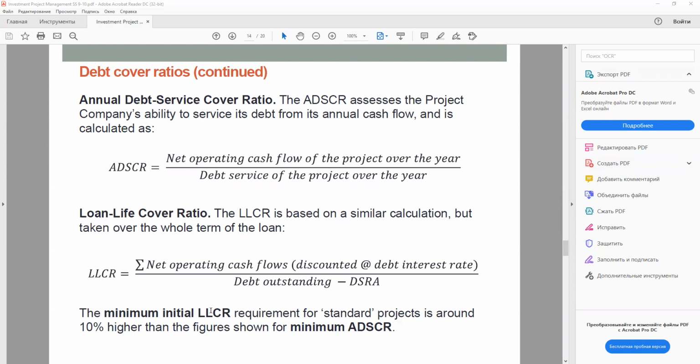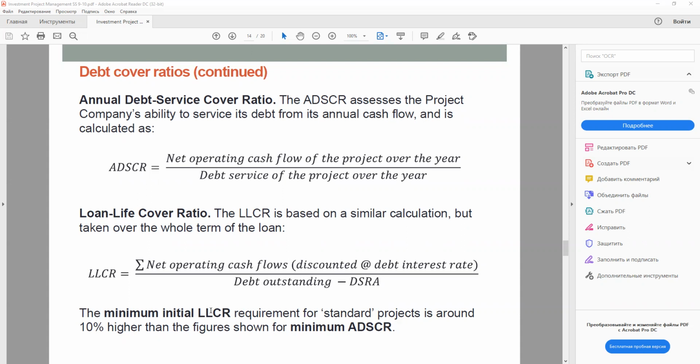So the minimum initial loan life cover ratio required in a standard project is around 10% higher than the figures shown for a minimum ADSCR. So just add 10 to 15 basis points to these figures.